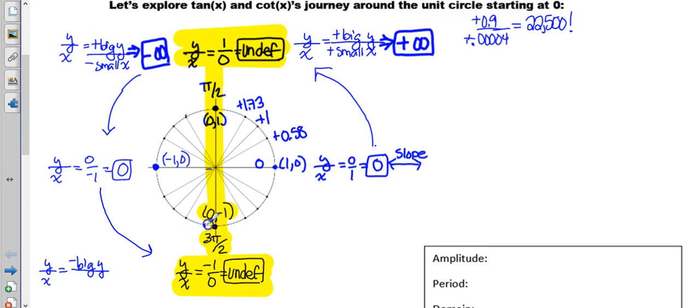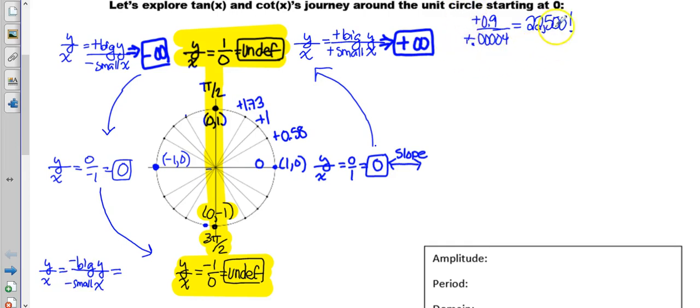So for example, if I was trying to consider the rate of change at that point right there, literally think about what you just wrote down: negative big y and negative small x. We're literally describing that to get from 0, 0 to this ordered pair, you would go left only a little bit, the negative small x, and you'd go down a big y value compared to that super small x.